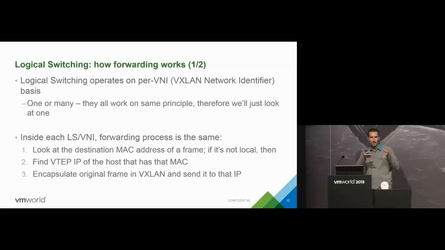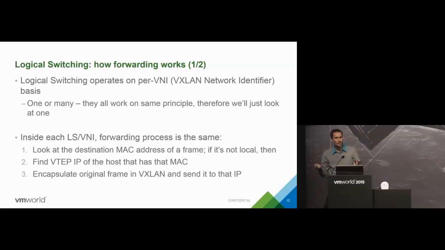The frame is received from the virtual machine by the vSwitch that sits in your ESXi host. This switch then looks at the destination MAC address of that frame and makes a decision. Is it a local MAC? Do I know about that MAC, which may be on another virtual machine that runs on the same host?